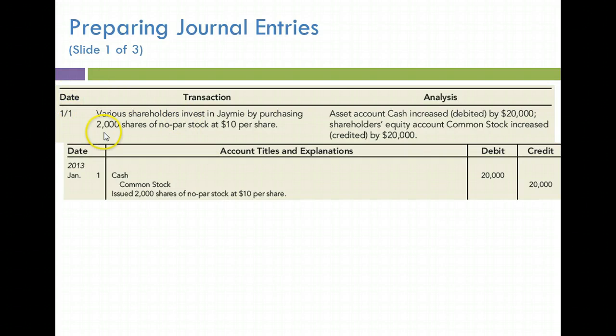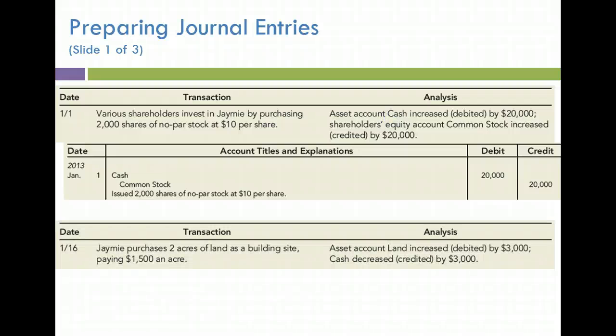So here's what occurred. What would be our source documents here? The bank statements. And probably the stock vouchers that show the stock was issued. Now here's another one. Jamie purchases 2 acres of land as a building site, paying $1,500 an acre.